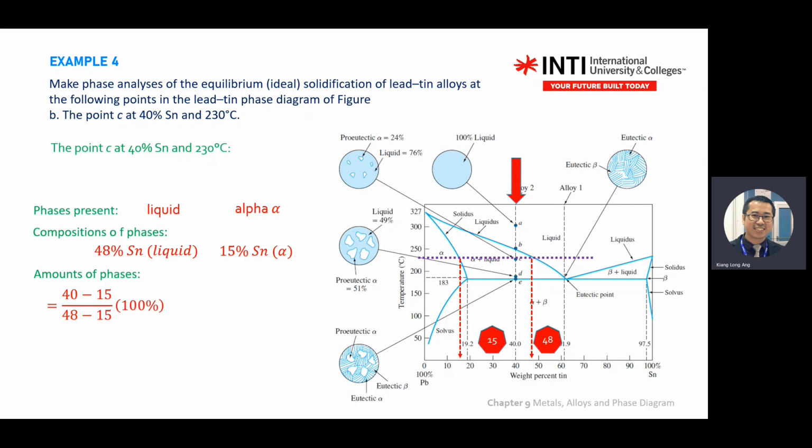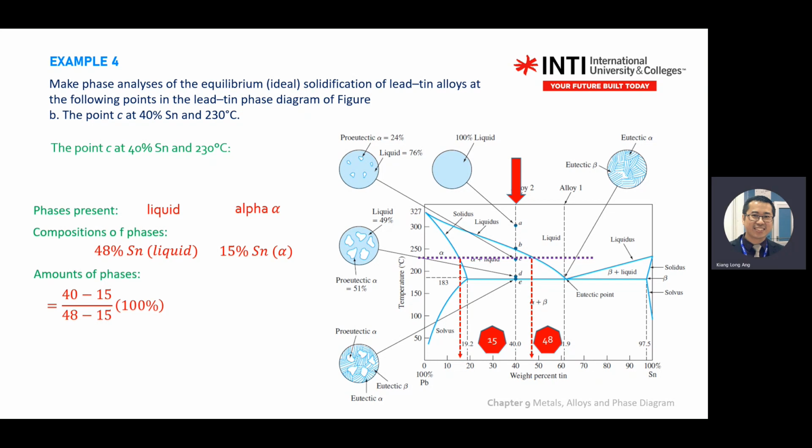So how many percent of alpha? How much amount of phase in alpha? Where is point C? The second B is from point C. Point C is your interest. Just now A was your eutectic point.